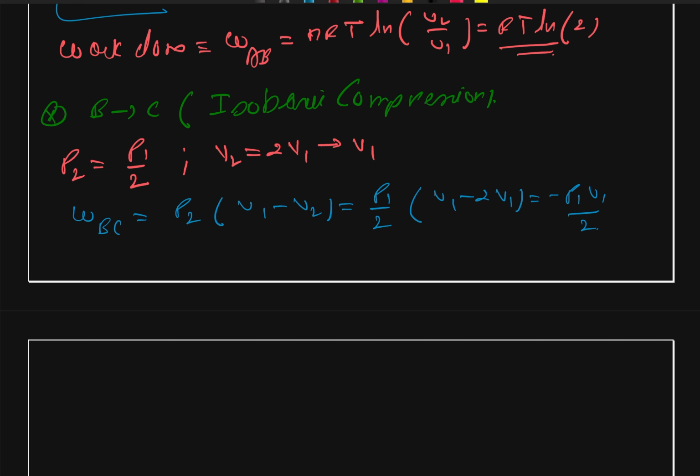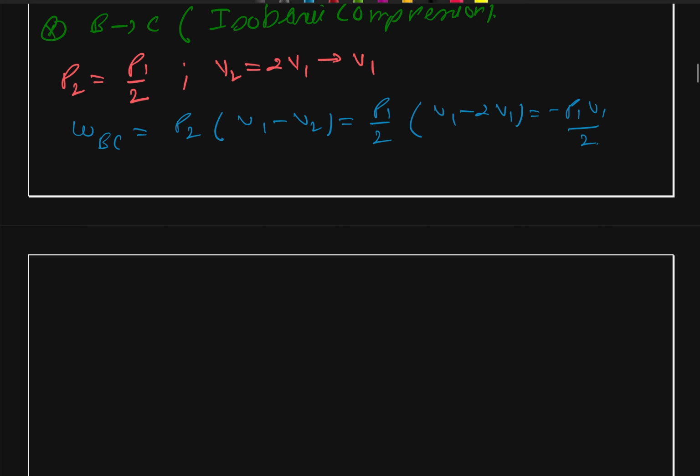And we can write this in terms of temperature, because everything is in terms of temperature. We know that P1 V1 will be equal to RT, because n is 1. Therefore, work done for BC will be equal to minus RT divided by 2.